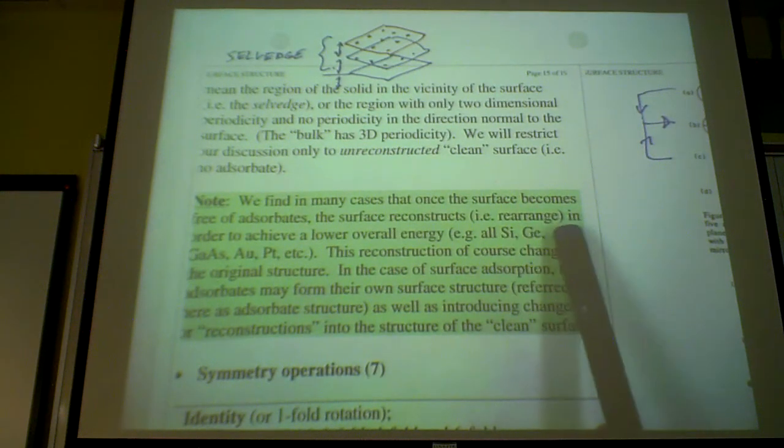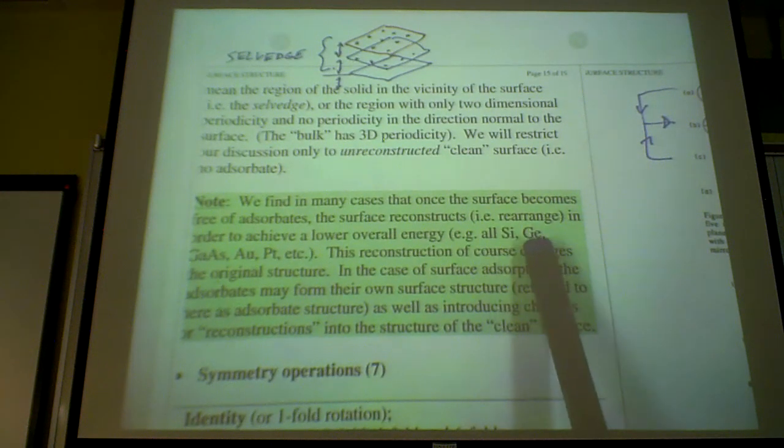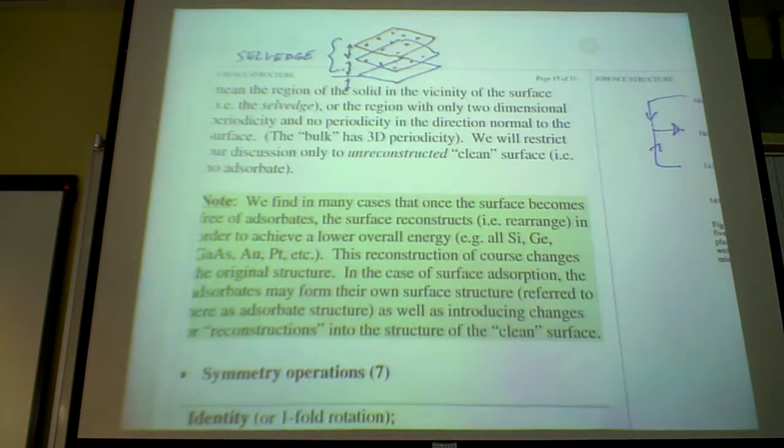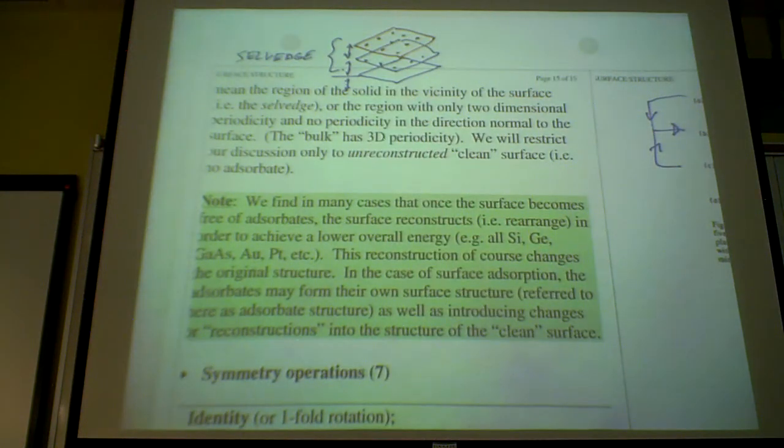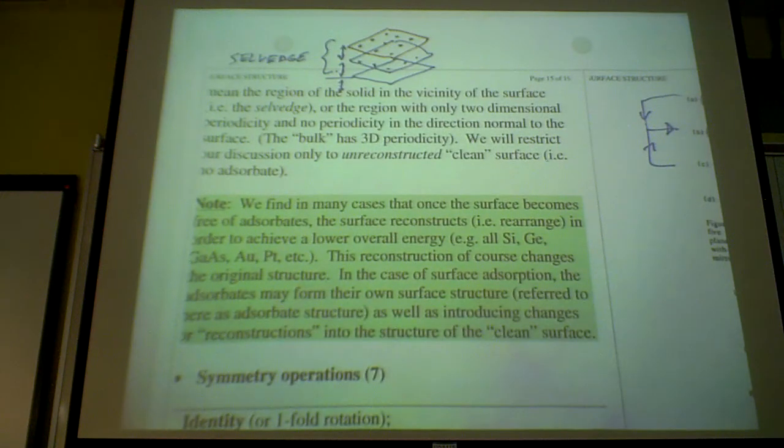Why do they reconstruct? To obtain a lower total energy, and this includes silicon, germanium, gallium arsenide, gold, platinum, all these surfaces. You have lateral reconstruction in real life, but we are not talking about this yet. And this reconstruction, of course, changes the original structure.